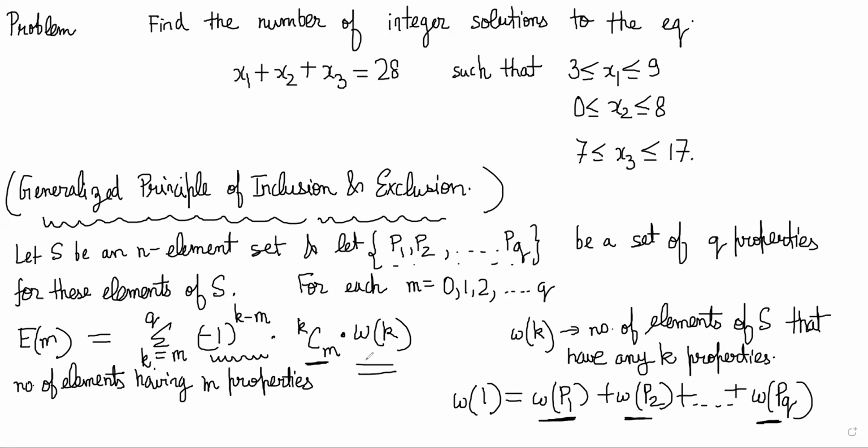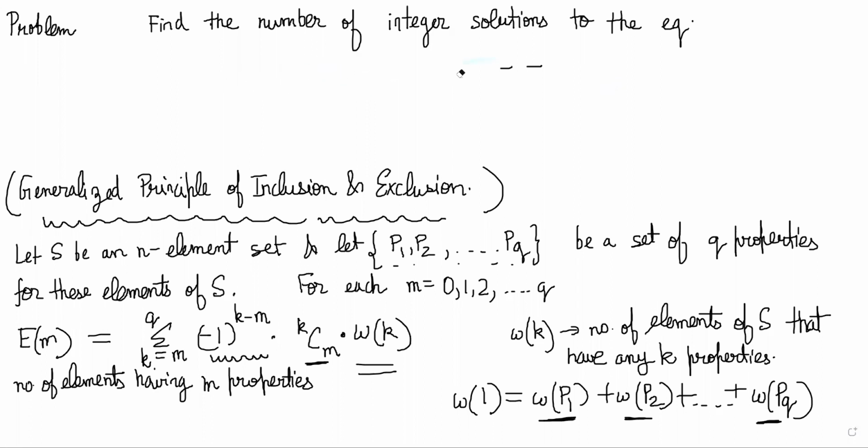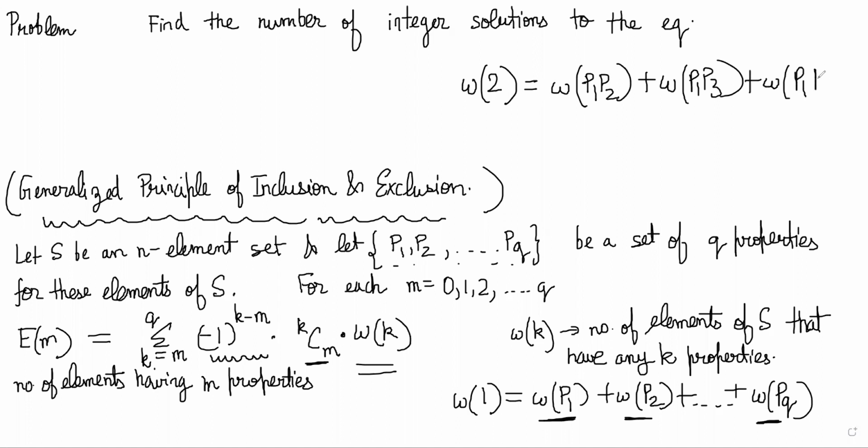So W1 is this. What is W2? W2 is equal to W of, let's say, P1, P2 plus W of P1, P3 plus W of P1, P4 and so on till W of P1, Pq.